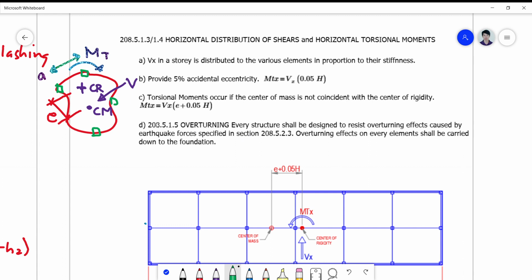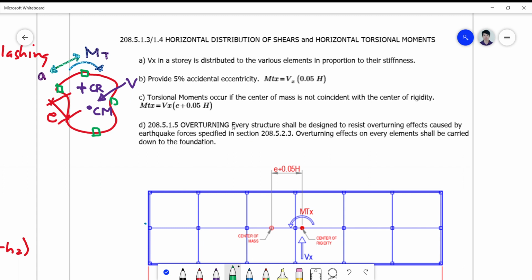Take note of the provision on 208.5.1.5, where overturning moments in every structure shall be designed to resist overturning effects caused by the earthquake forces specified in Section 208.5.2.3. Overturning effects on every element shall be carried down to the foundation.